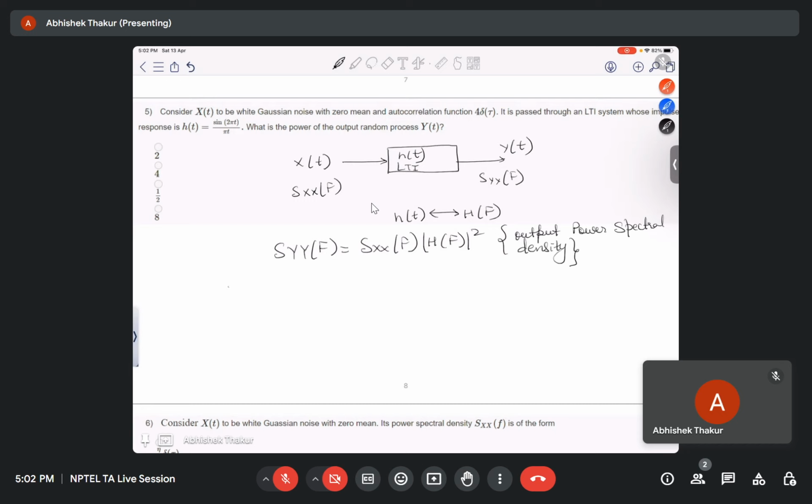Now the Fourier transform of h(t), given as sin(2πt) divided by πt, H(f) will be like this, equal to 2 of sinc(2t). So for this we know what H(f) will be. H(f) will be just the plot from -1 to 1.